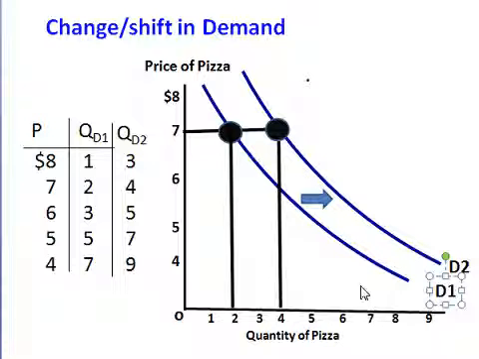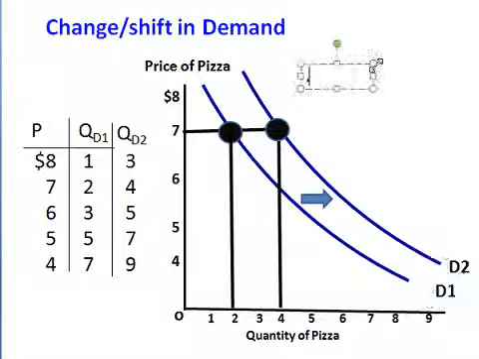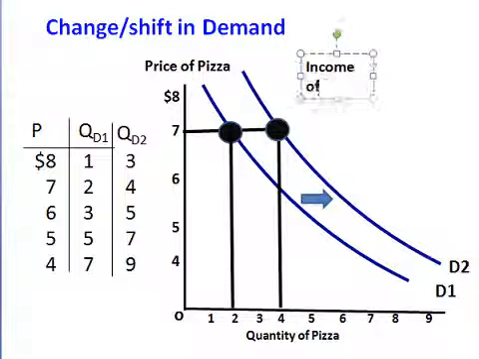Now here I said that the price of pizza is fixed, but other factors are in action. An example of another factor is the income of the consumer.